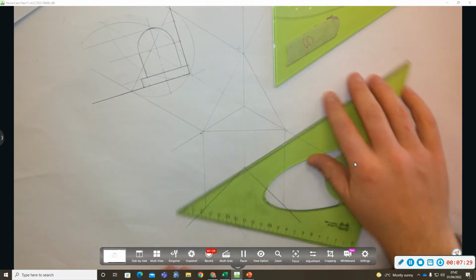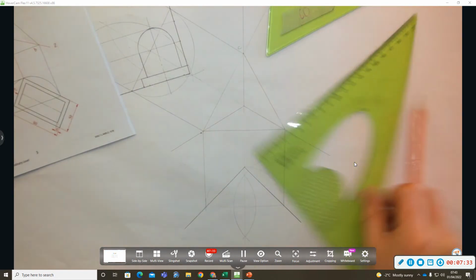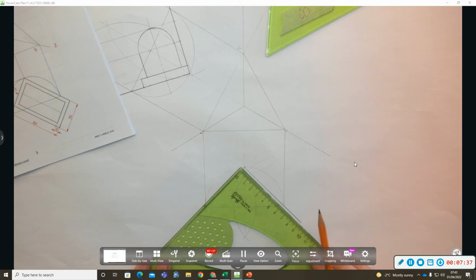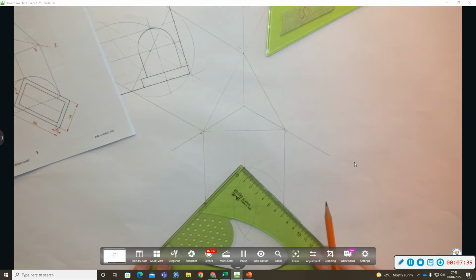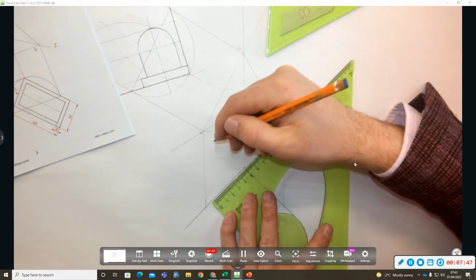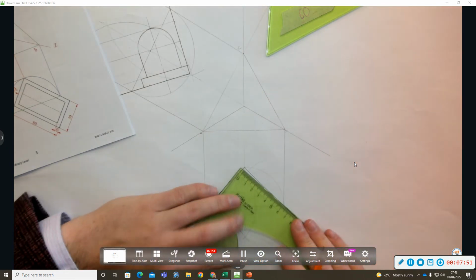So we're ready to go for the plan. 80 long. Alright. And 50 wide. And then the 6s.